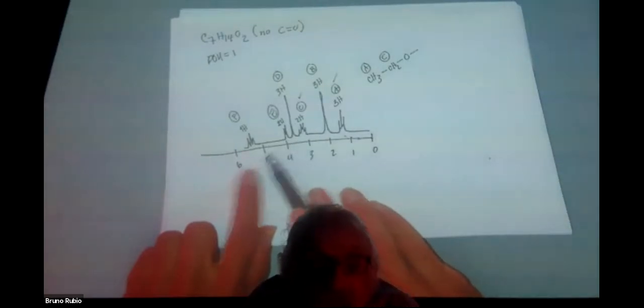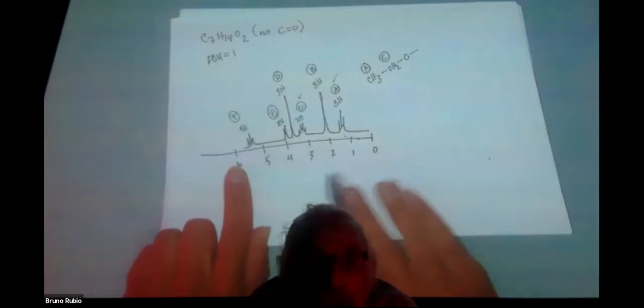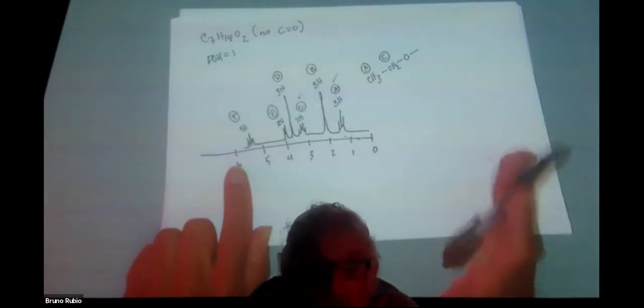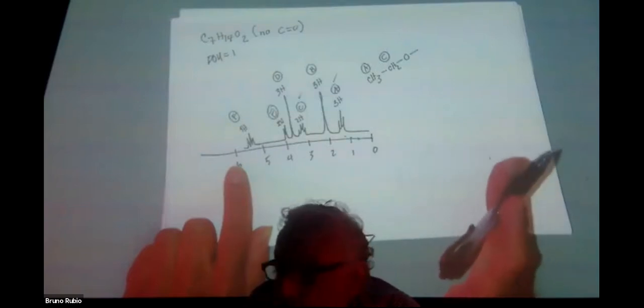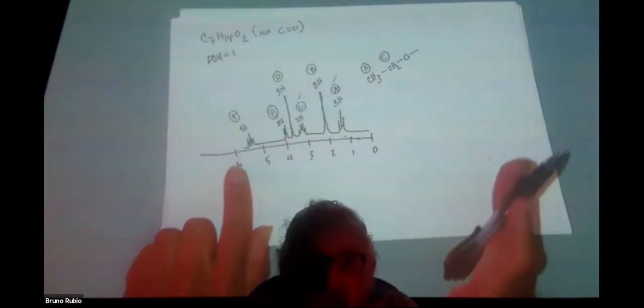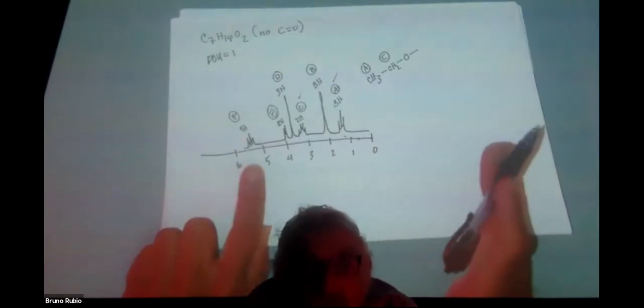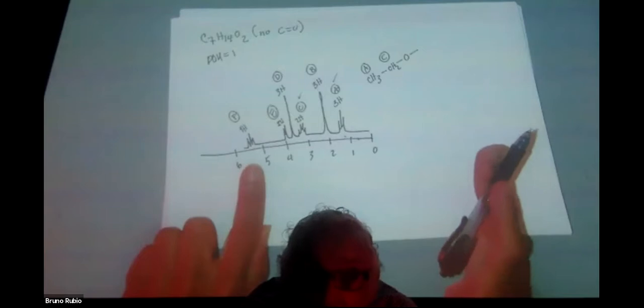But it's even further downfield than where we would expect it to be if it were just close to one oxygen. So it's either close to a second oxygen, or the other alternative is that it is close to a multiple bond.